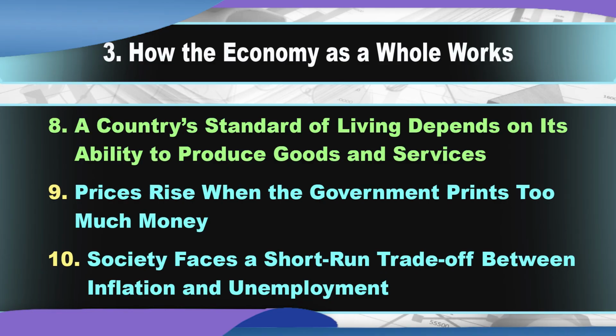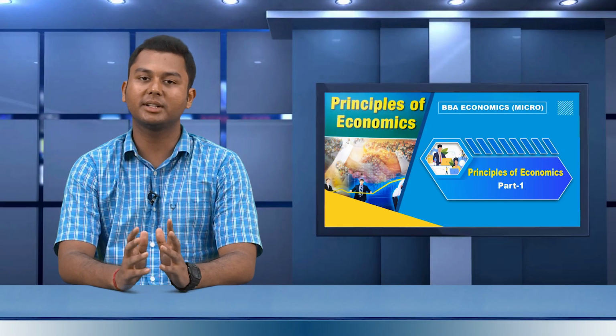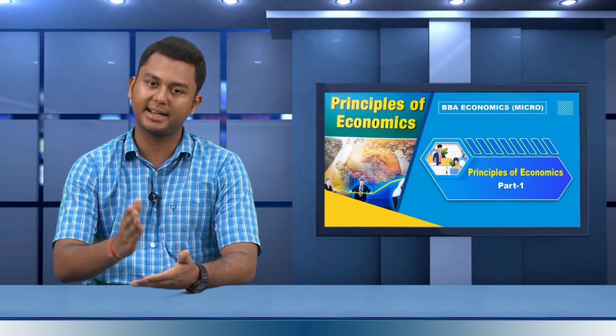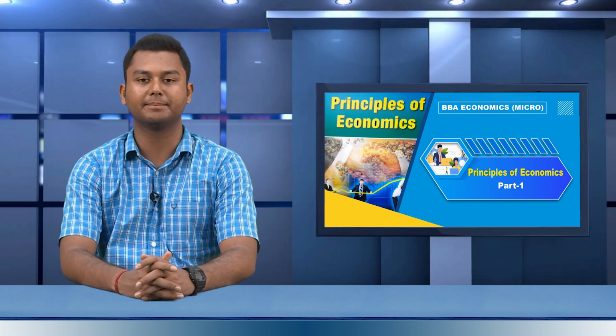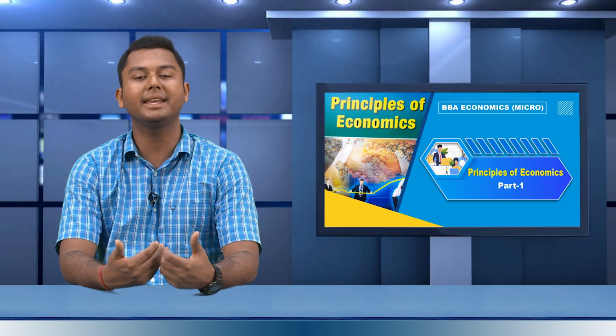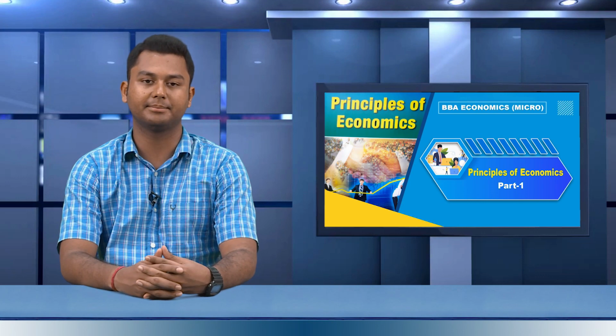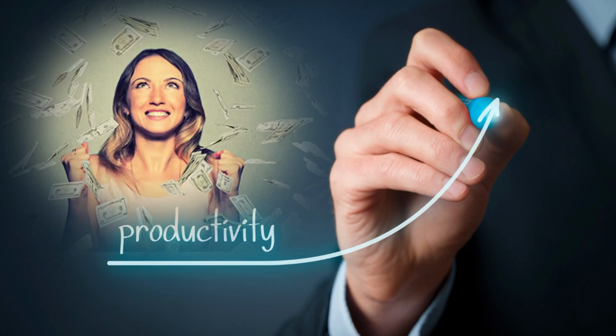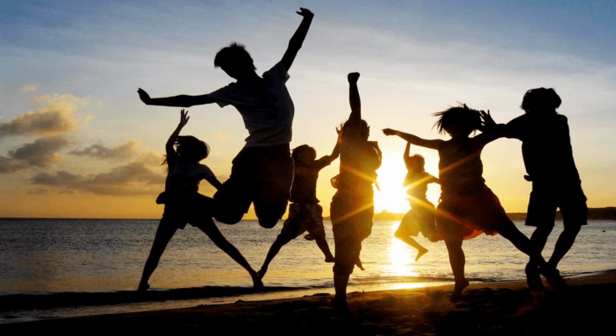So, our eighth principle is that a country's standard of living depends on its ability to produce goods and services. The most important determinant of a country's standard of living is its productivity, or the amount of goods and services produced from each hour of workers' time. Higher productivity leads to higher level of income and better quality of life for the population.